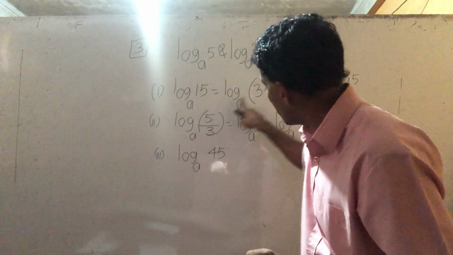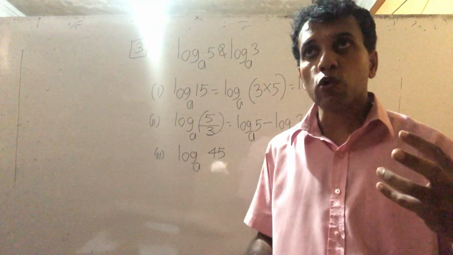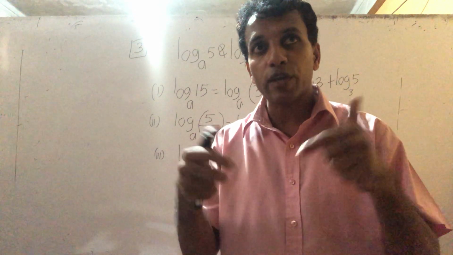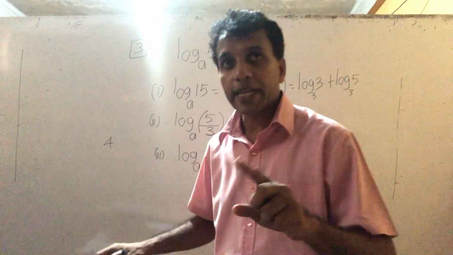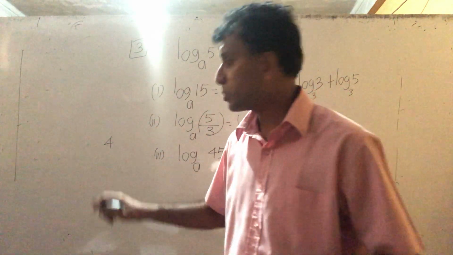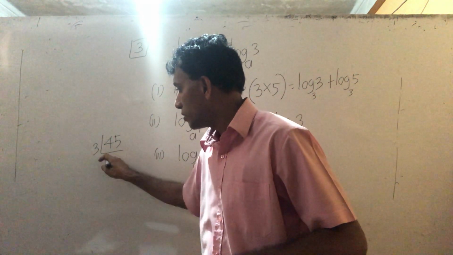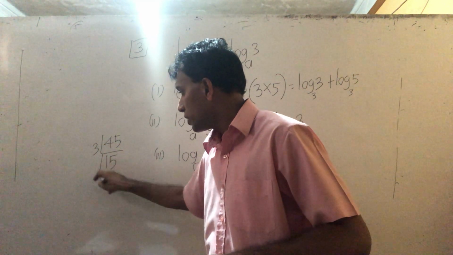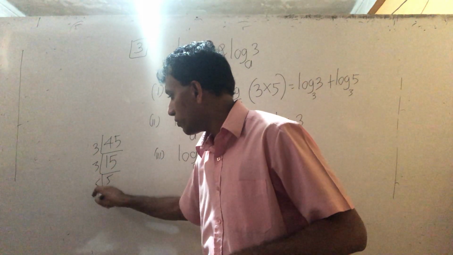So think how to convert 45 in terms of both 5 and 3. If you don't have any idea, divide by prime numbers. Divide by 3, 15 times, then divide by 3 again, 5.